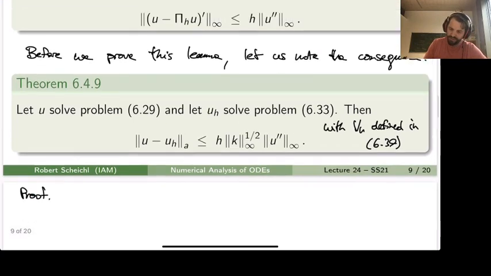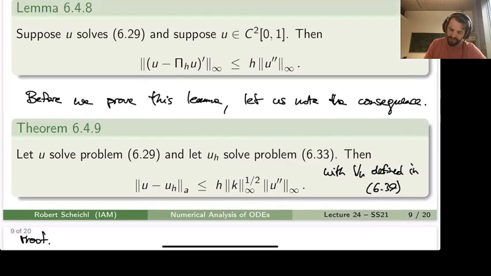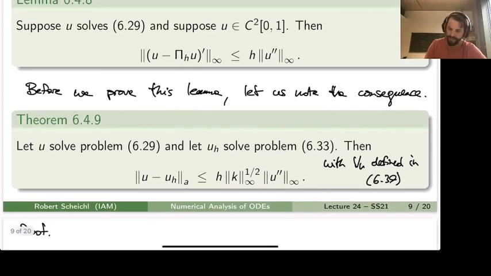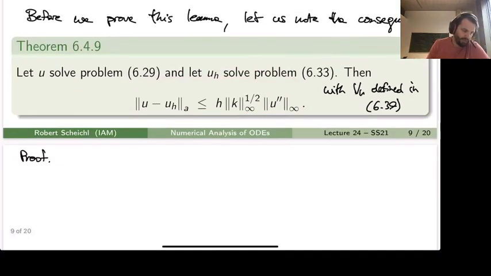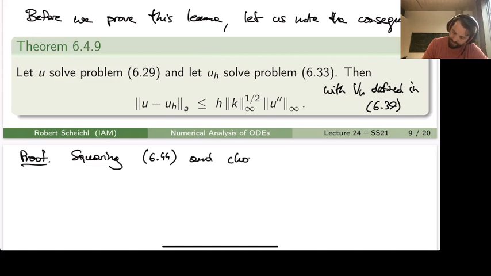So we're going to use the result in lemma 6.4.8 up here in order to prove this. So squaring 644, that's the Céa lemma, the best approximation, and choosing VH to be pi HU. I've already given you the plan before.